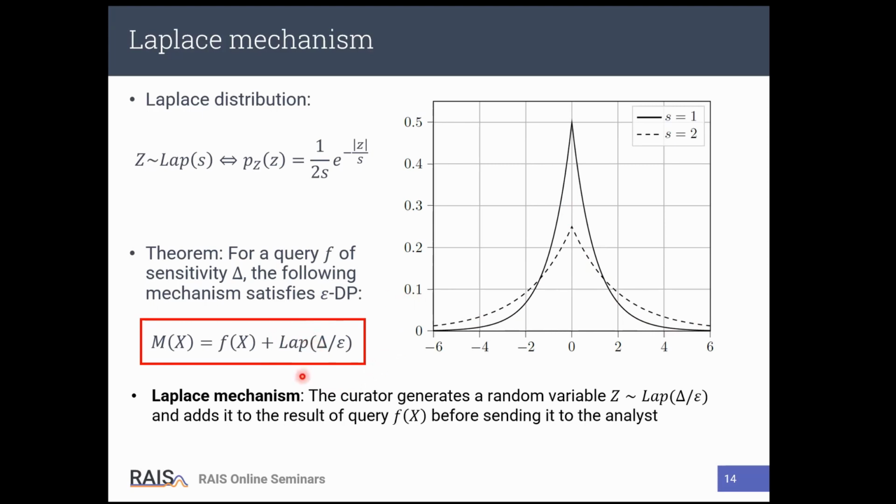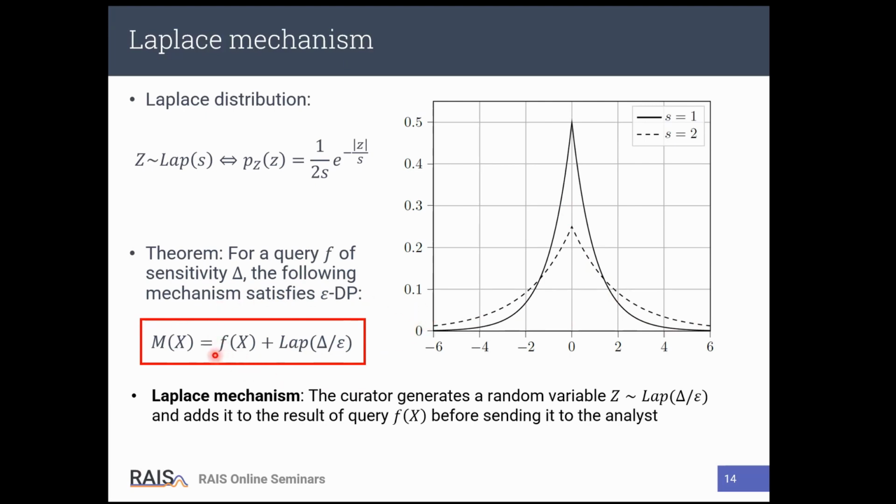we have that it depends on delta. Delta is the maximum difference that can happen in the query that you are asking by changing one row in the data set.